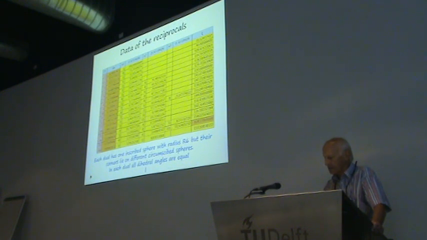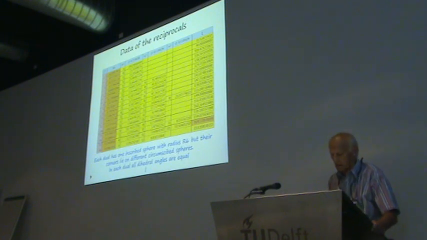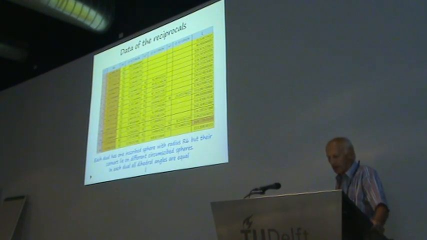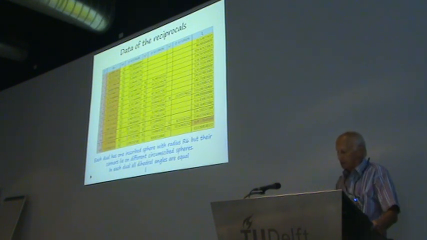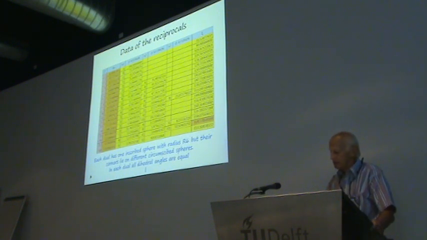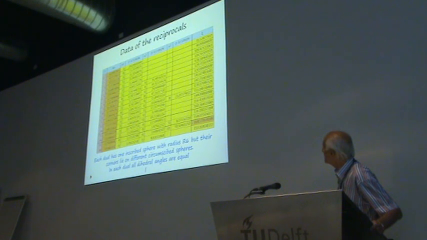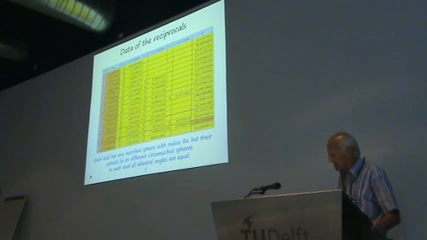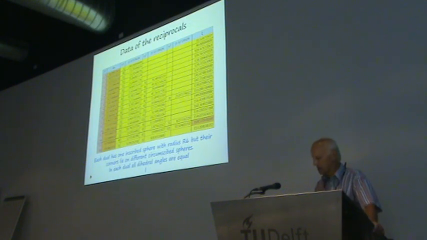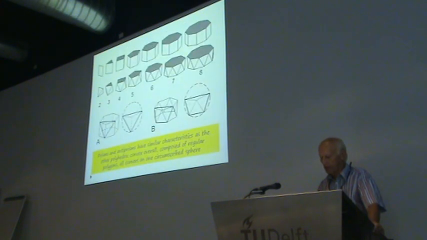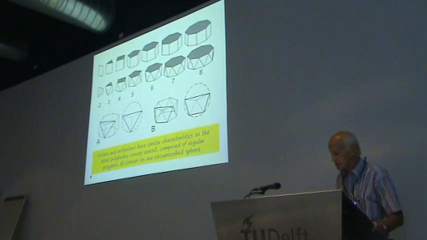And there is one other, the rhombic dodecahedron, number 12, which is interesting because it has a dihedral angle which is 144 degrees exactly. This is the one that we all know as the honeybee comb.